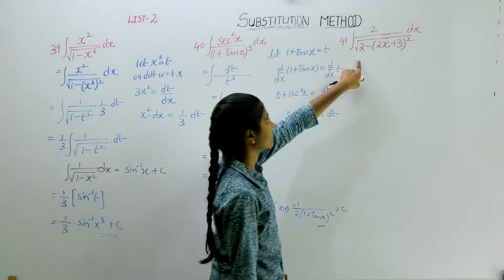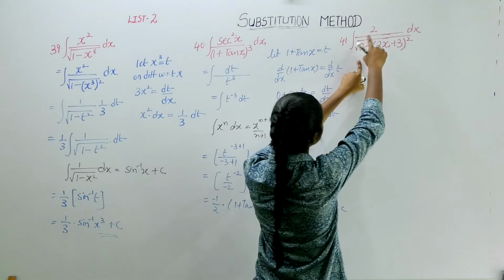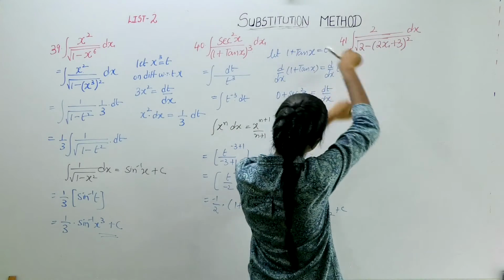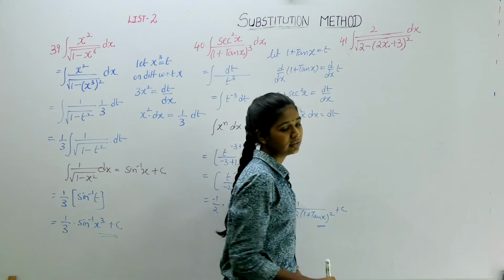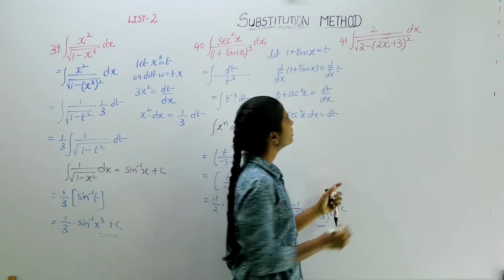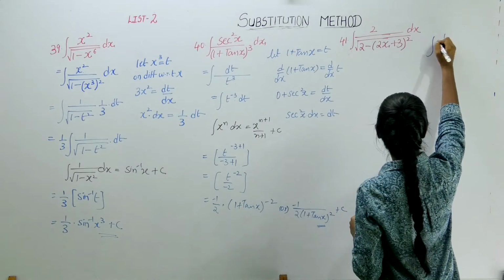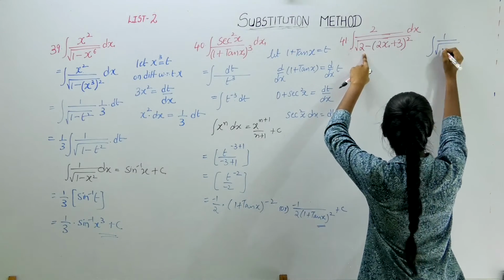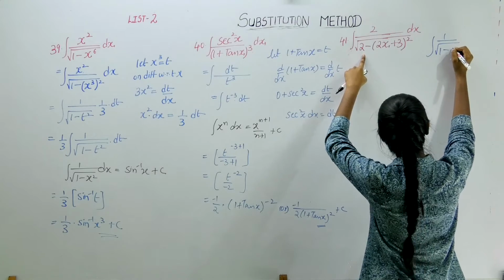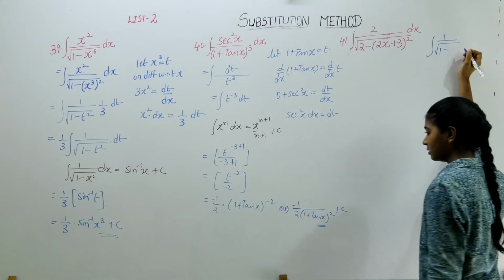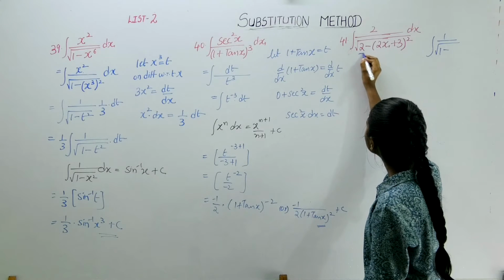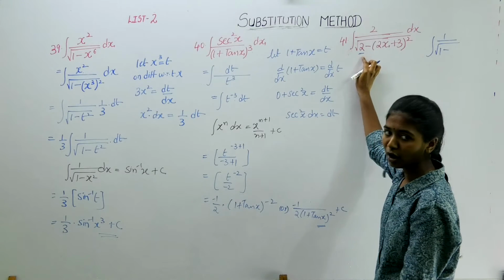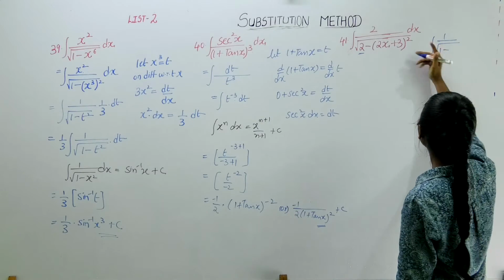Next, the 41st one. It is given as integral 2 by square root of 2 minus (2x plus 3) whole square dx. If we look at the formulas, in each and every formula, here we have the value of 1, that is 1 minus x square, 1 plus x square, like that. So in the first step, let us take 2 common out of this whole value.